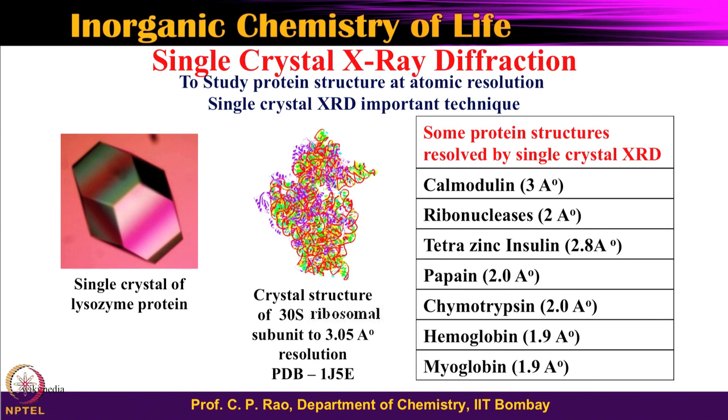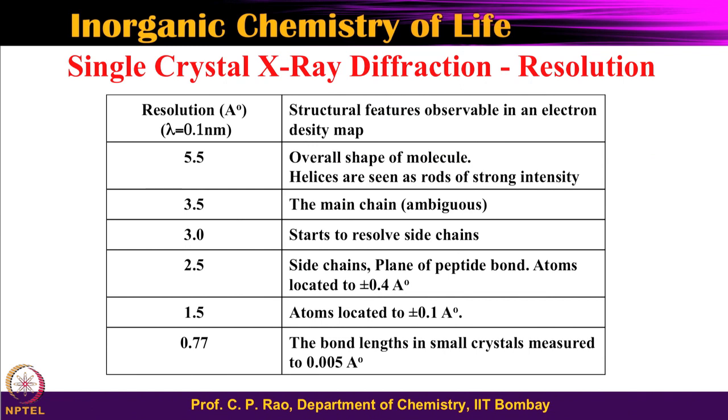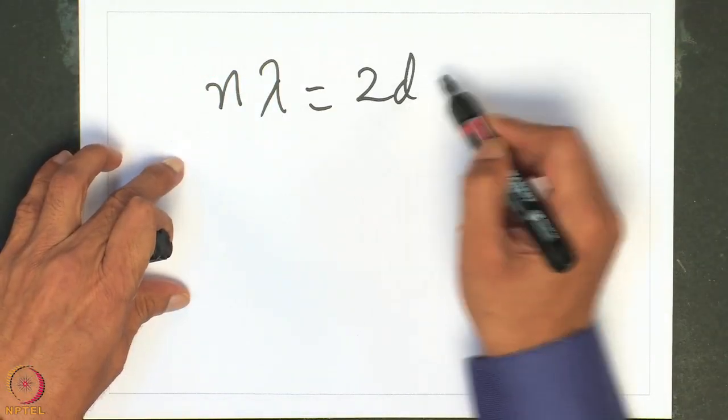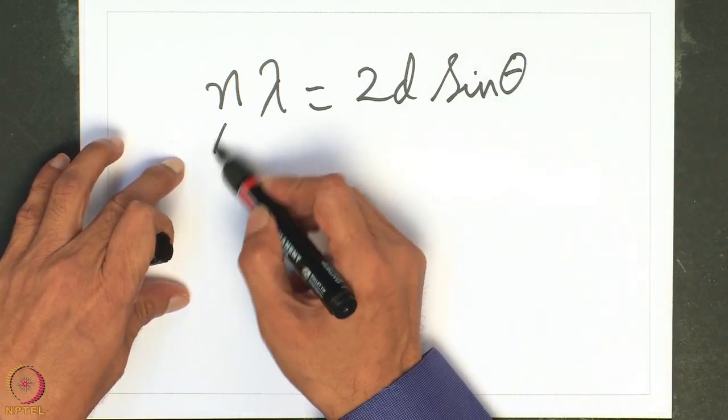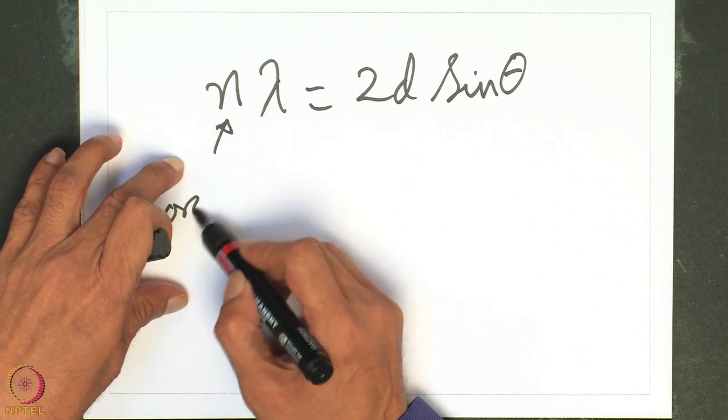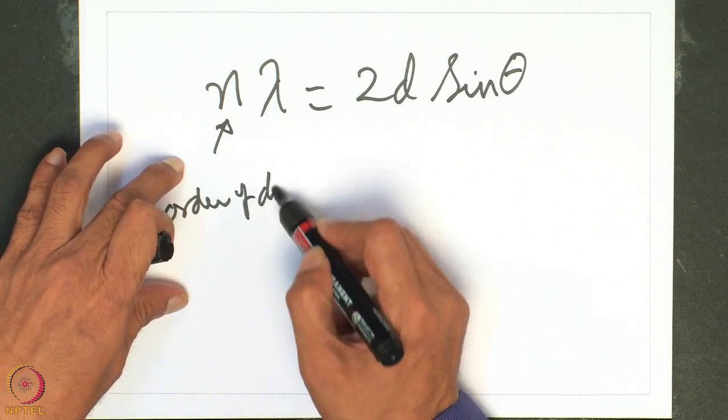How do we understand this? I am sure you know that n lambda is 2d sin theta. Here n is the order of diffraction, and you take this as 1.